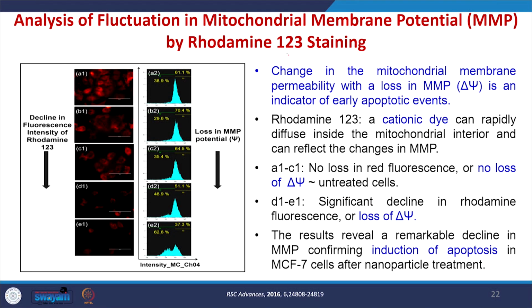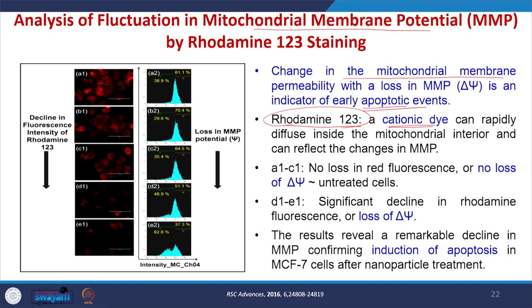Let us see a simple assay for understanding the mitochondrial membrane potential. To analyze the fluctuation in the mitochondrial membrane potential, we have to use rhodamine 123. This is a cationic dye and it can stain the mitochondria. And during the early stage of apoptosis, there will be a change in the mitochondrial membrane potential. So, that can be detected by using this rhodamine 123 stain.